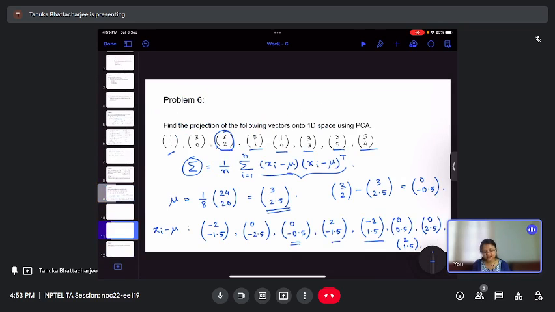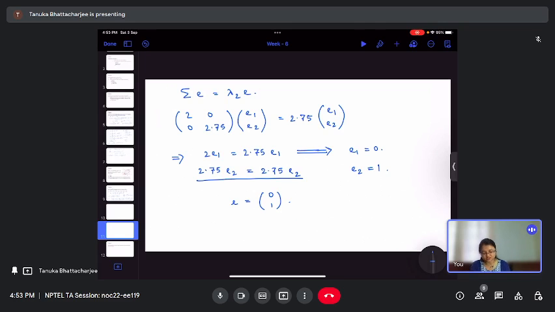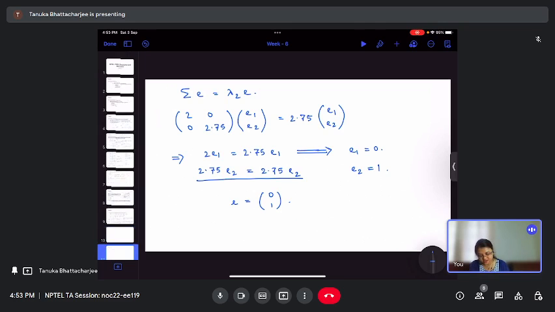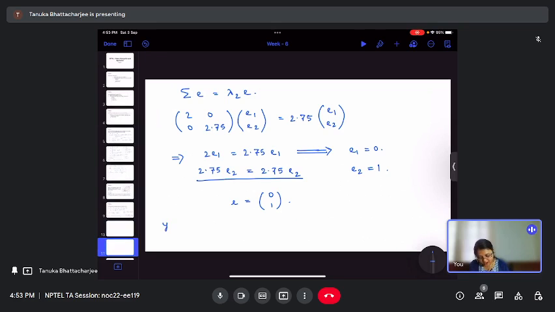So, you want to get the yi's, which are basically E transpose (xi minus mu) for i equals 1 to n. These are basically your projected data points, right.